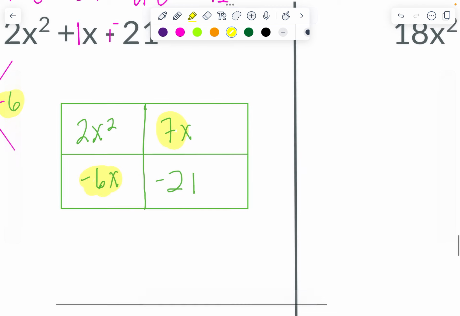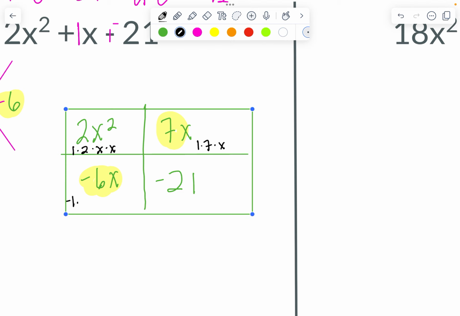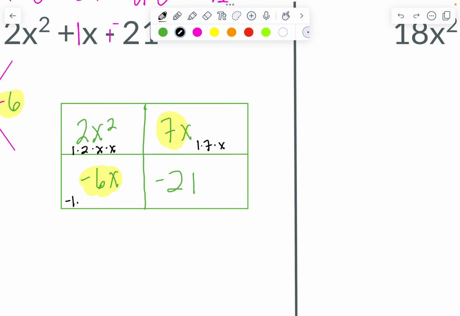So now finding the GCF of each of these. 2x squared is 1 times 2 times x times x. 7x is 1 times 7 times x. Negative 6x is negative 1 times 2 times 3 times x. Negative 21 is negative 1 times 3 times 7.